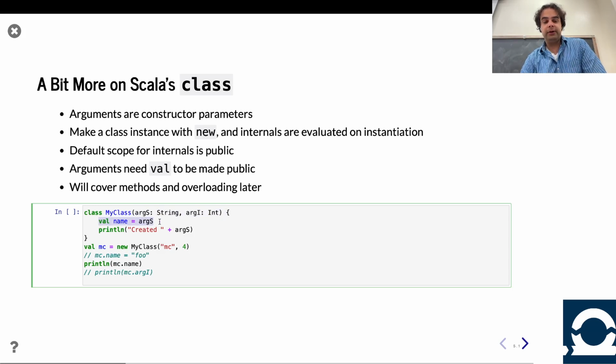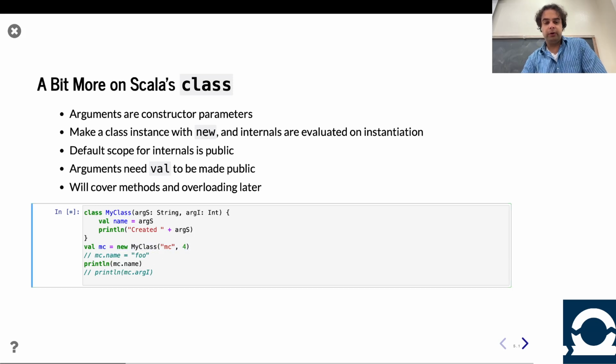It doesn't just need to be declaring members and methods. In this case, we have name is created, and we have a print statement. And then when it comes time to actually create one of these instances, we just say new, the name of the class, and then we fill in those arguments.